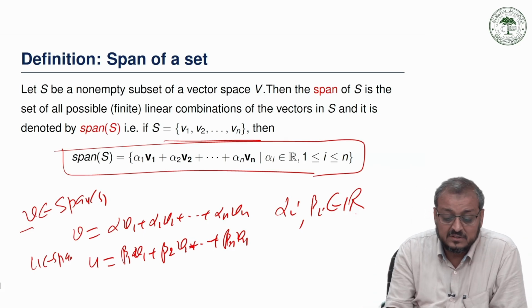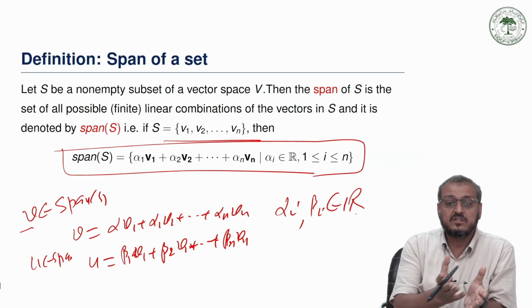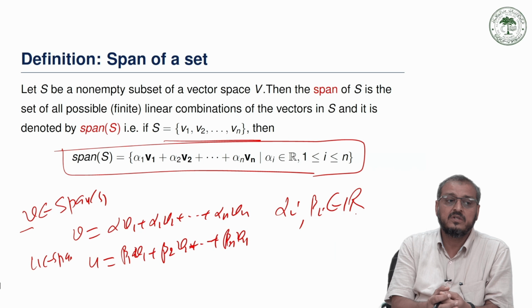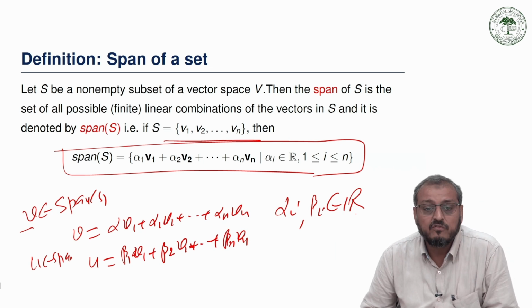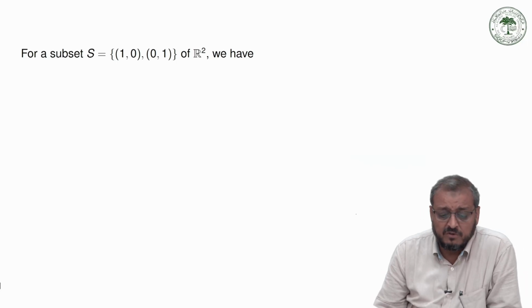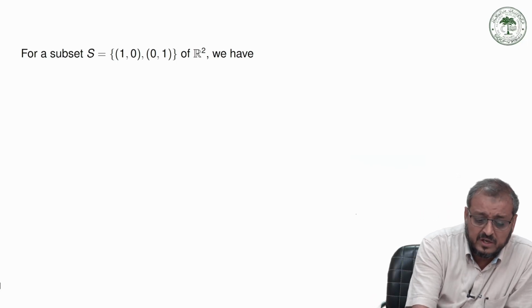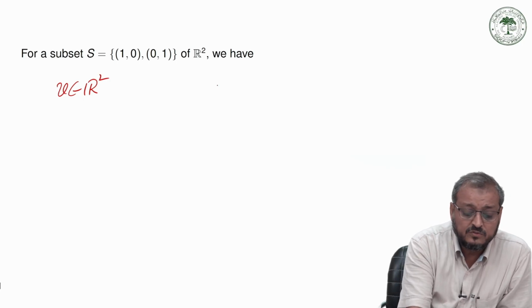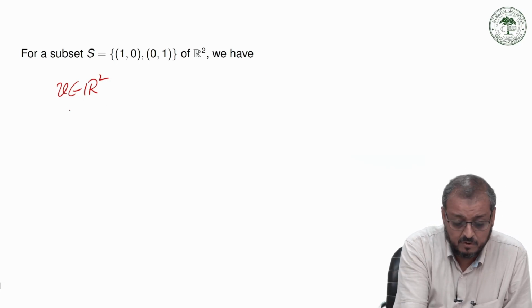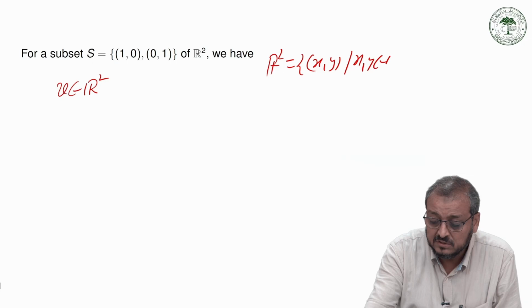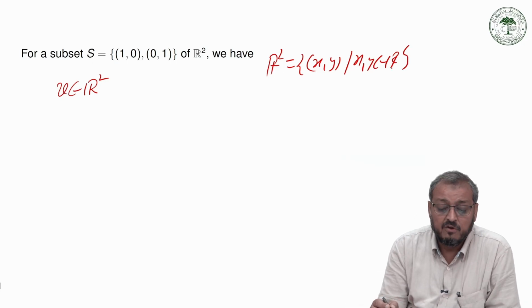So the span of a set is the collection of all the linear combinations of the vectors V1, V2, ..., Vn. For example, take V as an element of R2. All elements of R2 have the form (x, y), where x and y are elements of R over the field of real numbers.